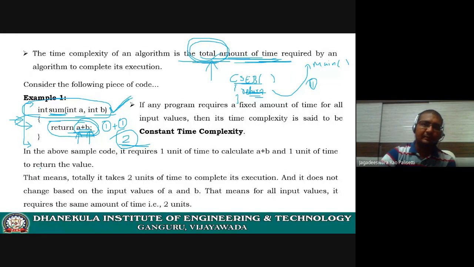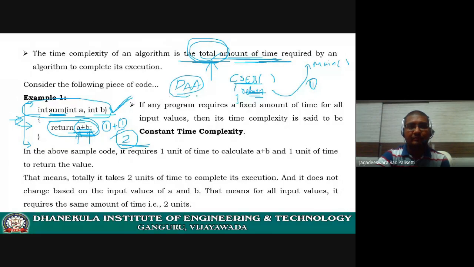As we discussed in the last class, you have a subject, DA, design and analysis of algorithms, where you learn techniques to find time complexity. But anyhow, while discussing data structures, we will discuss how to get the time complexity for each algorithm.